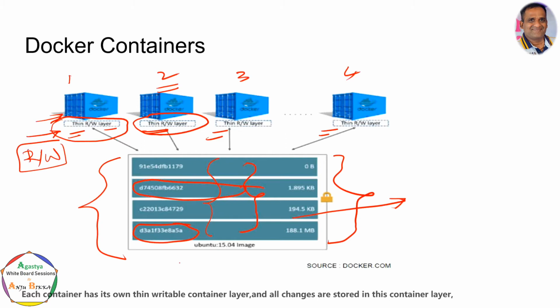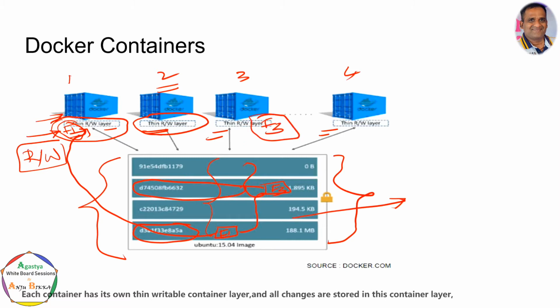For instance, if container 1 wants to modify a file F1, and container 3 wants to modify a file F3, what happens is F1 is copied into the read-write layer of container 1. The copy of F1 is prepared here, and the copy of F3 is prepared here.